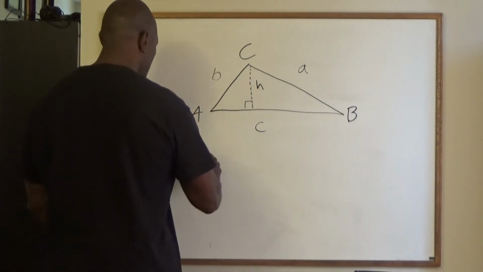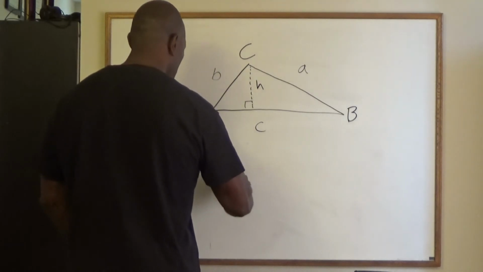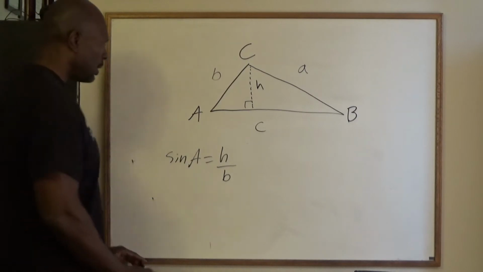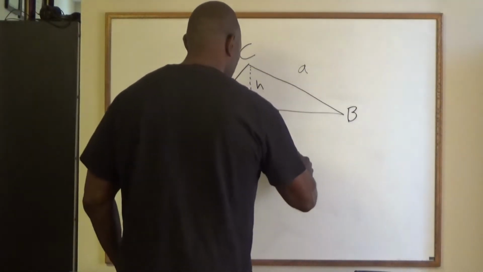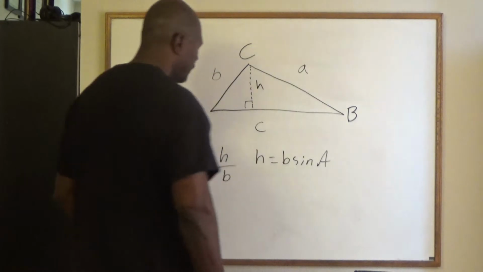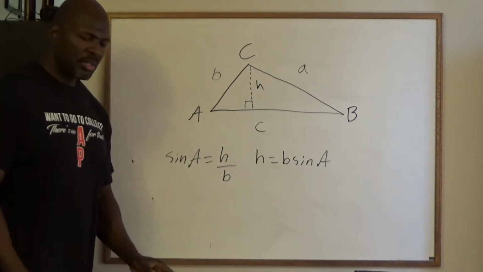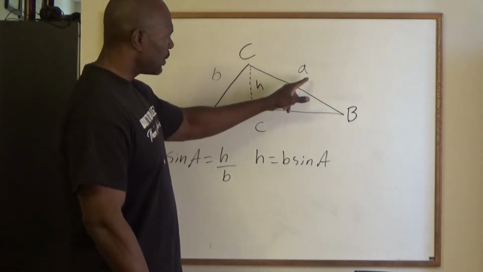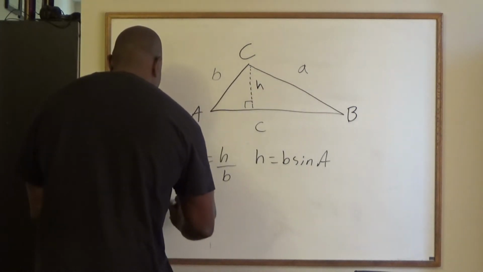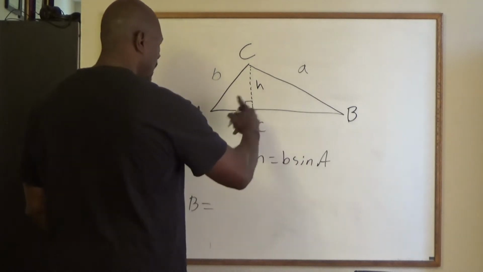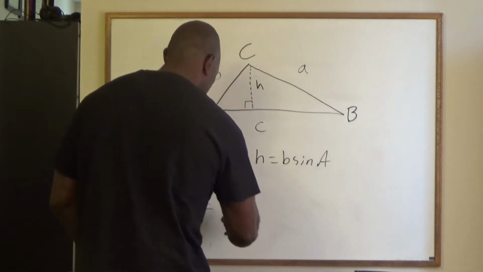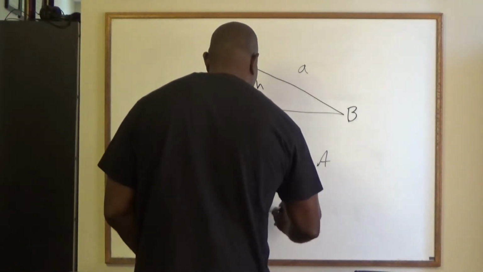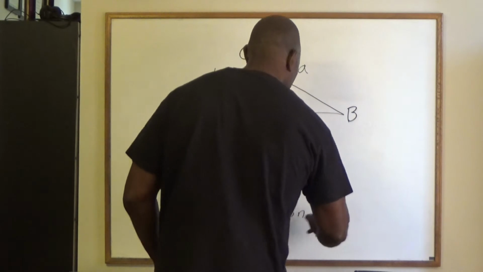If I solve this for h, I would multiply by b, which means h is b sine A. If I do a similar deal for angle B, the sine of angle B is opposite over hypotenuse, so the sine of angle B would be h over a. If I solve this for h, I would multiply by a, which means h would be a times the sine of B.